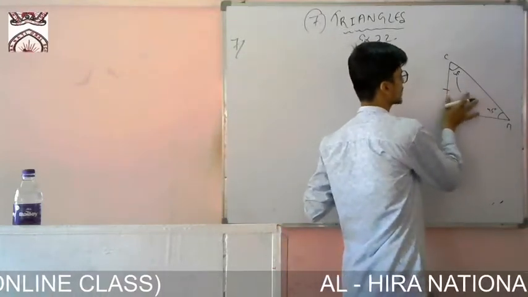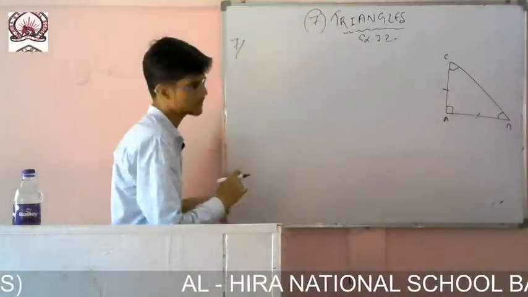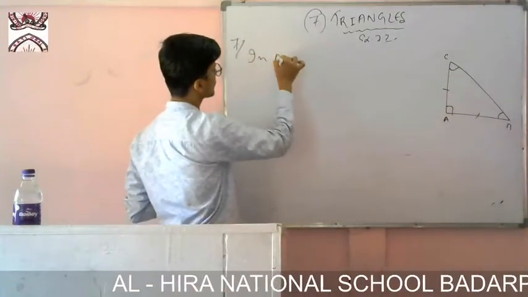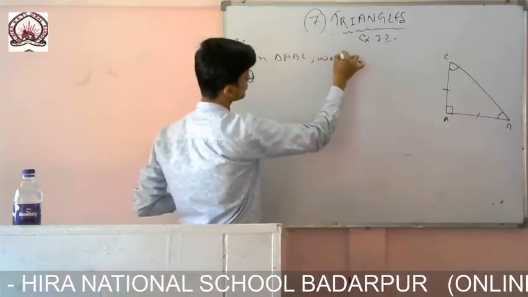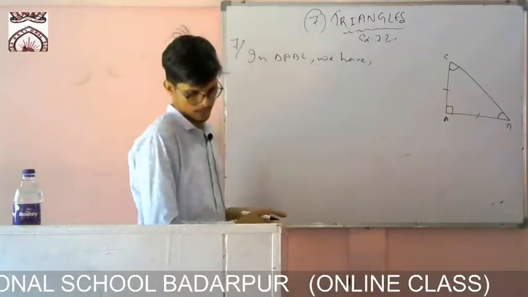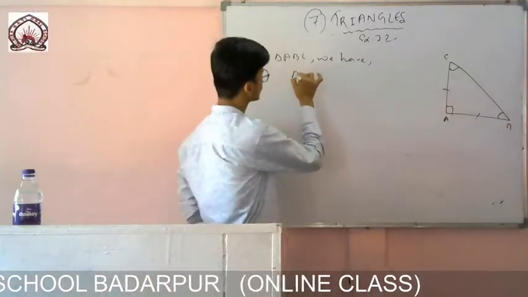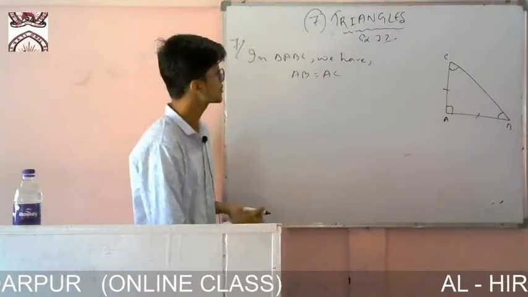Now let us mathematically show that it comes to 45 degrees. Okay, so you see here in triangle ABC we have AB equal to AC.